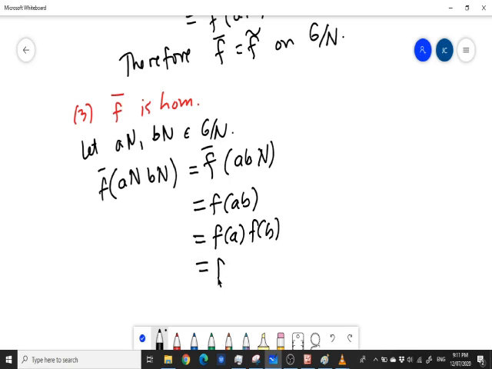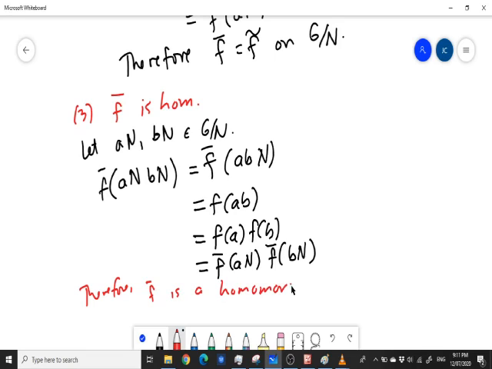But f of a is equal to f bar of a n, and f of b is equal to f bar of b n. Right. And yeah, we have shown that f bar is a homomorphism.